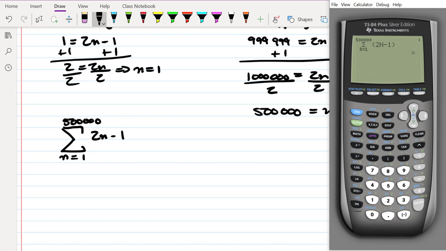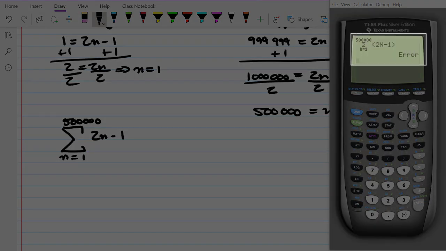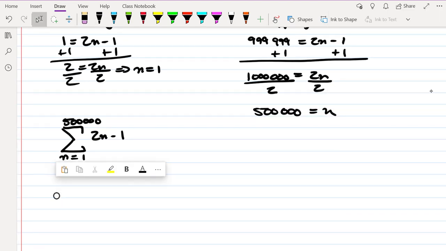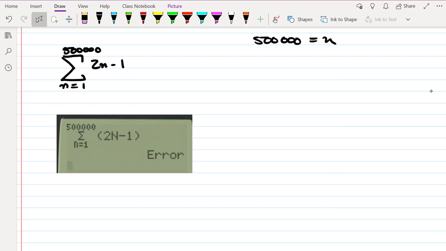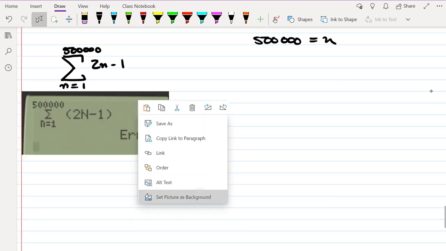We'll notice over here on the right side, our TI is thinking. So if we ever get our calculator caught in essentially an infinite loop, to make it stop, we press second and our on key, and it's going to say break, and we say, yep, quit, and then it's going to give us an error. So for this problem, we would be unable to find the sum using our graphing device. So we're going to have to use Gauss's formula.